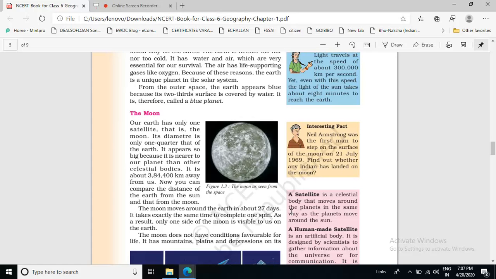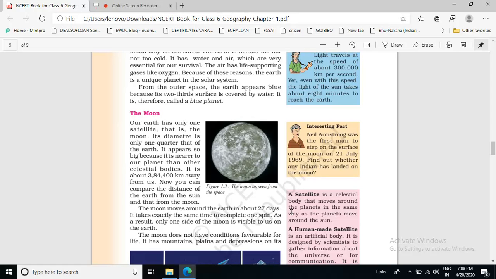Just to give you an example, if the diameter of the earth is 100 kilometers, then the diameter of the moon will be one fourth of 100. It means 25 kilometers. So earth is four times bigger than the moon.